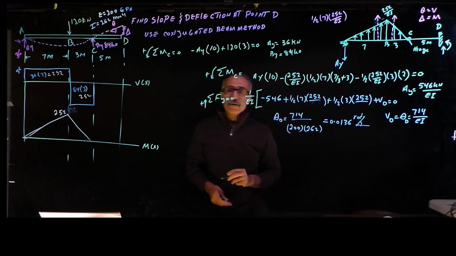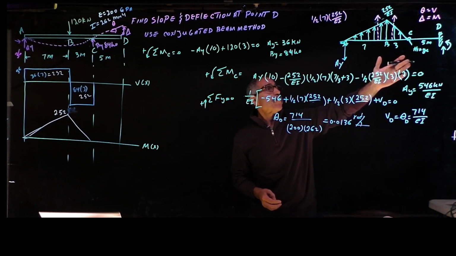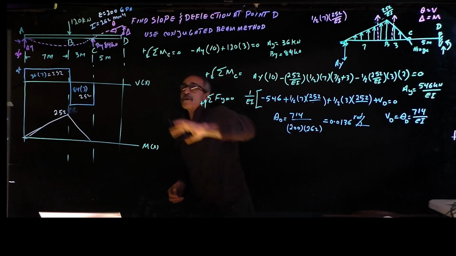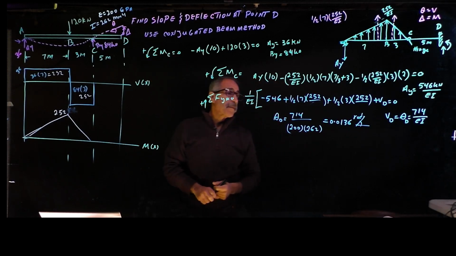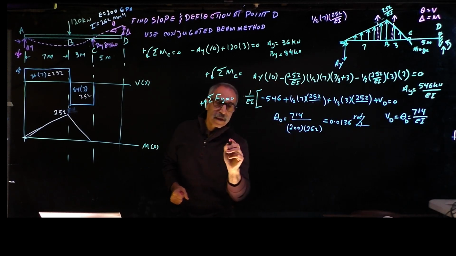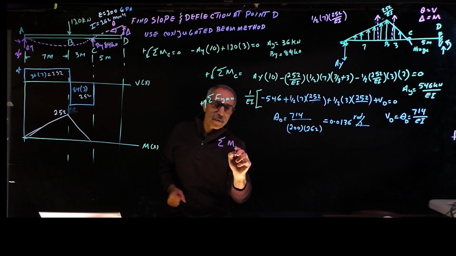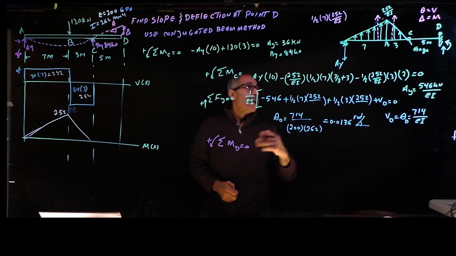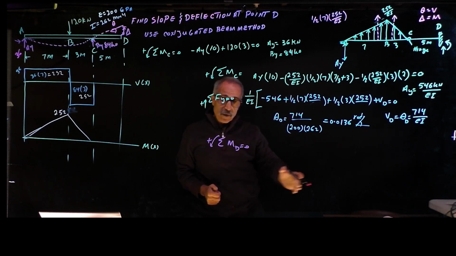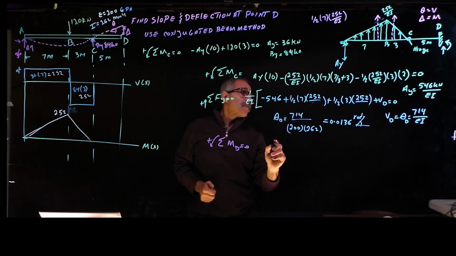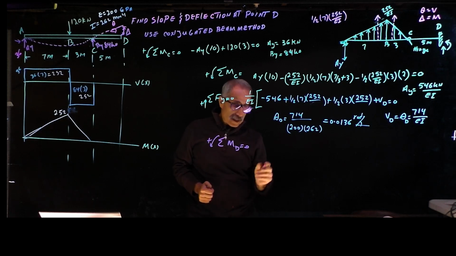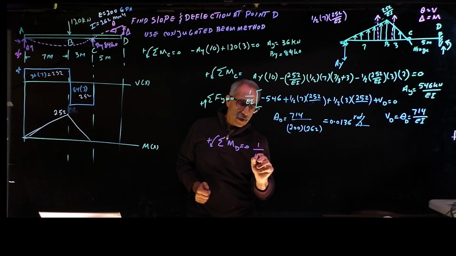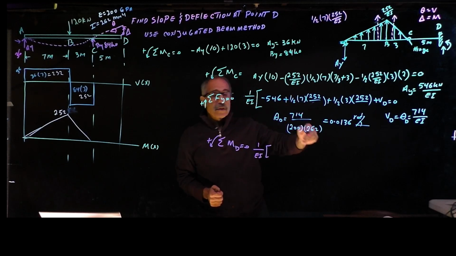So that's one answer. Now let's find out what the moment is. So that will give me the deflection over here. So I'm going to come in, take a moment about point D. Summation moment about point D is equal 0, and add everything up. I'm going to have AY. It's going to be 546. Let's take out the EI just like last time, 1/EI. And it's going to be 546 going to be positive.